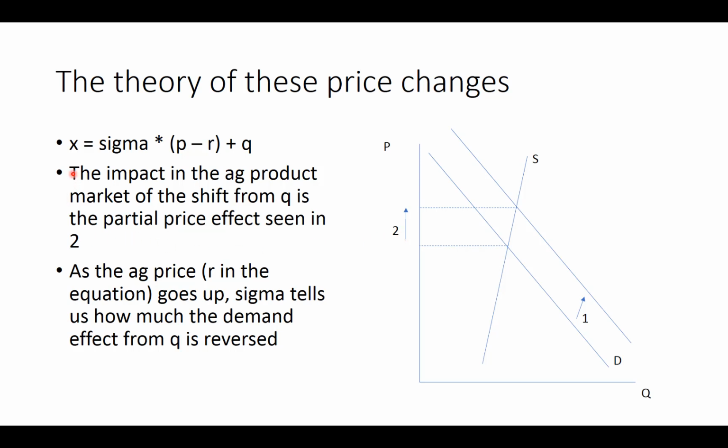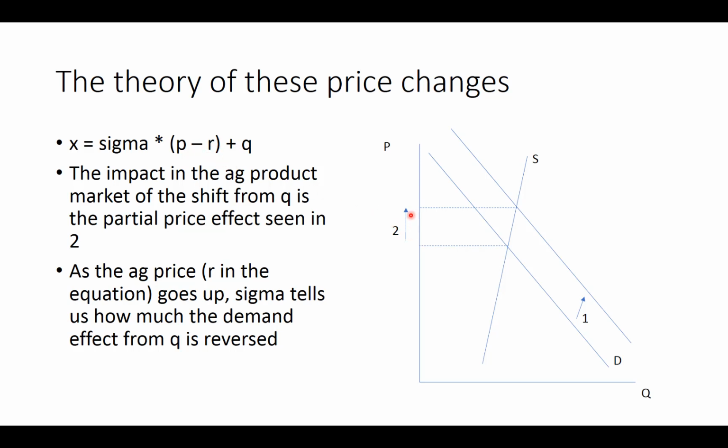But now let's go back to our equation. We get this price increase, and I'm sorry, that should be an R. We're talking about the input market here, so that's really the R, the rent, or the rate of pay for the ag input, because it corresponds to this lowercase variable.